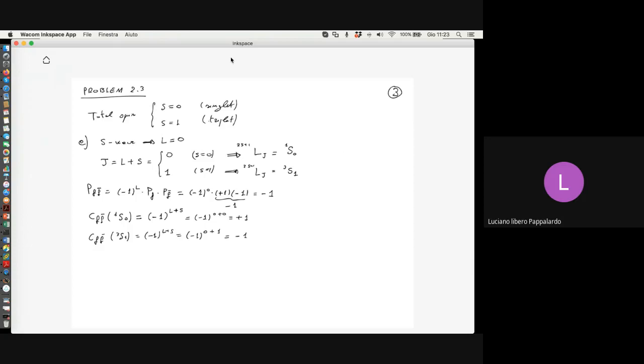So overall, our result is that J^PC for the 1S0 state is 0^-+, and the J^PC for the other state, 3S1, is 1^--.